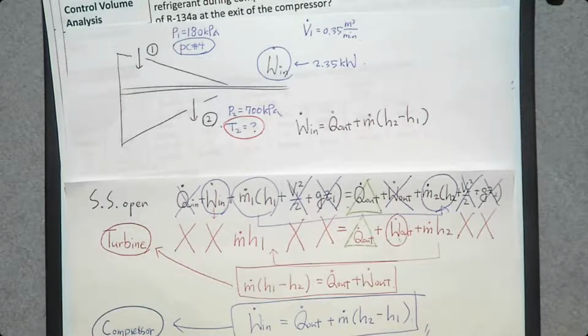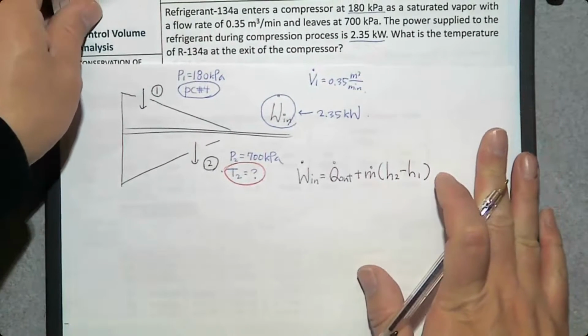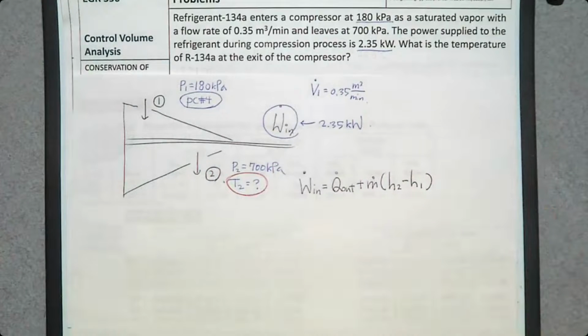So that is the energy balance equation for this compressor written here. Then we are ready to solve this problem. So we wrote the schematic of this compressor, we wrote the governing equation. Now let's solve this governing equation.